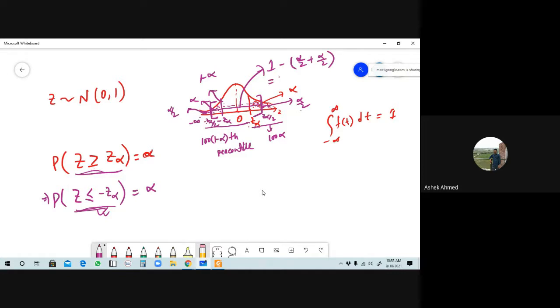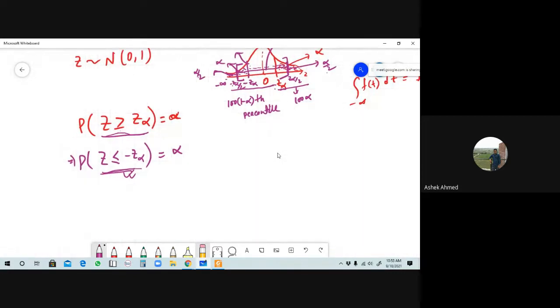So that will be 1 minus alpha. We write this concept here: the probability of minus z suffix alpha by 2 less than or equal to capital Z less than or equal to z suffix alpha by 2 is 1 minus alpha.